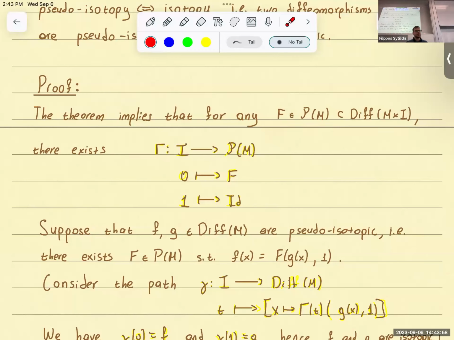But in a pseudo-isotopy, you're allowed to take that circle and wrap it all around, just as long as at the bottom and at the top, you line it up as a circle again. So in principle, you have more freedom to twist it around. And so that's how it's a weaker condition for two diffeomorphisms to be pseudo-isotopic than to be isotopic.